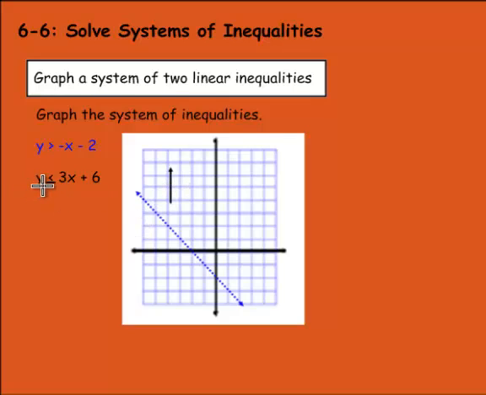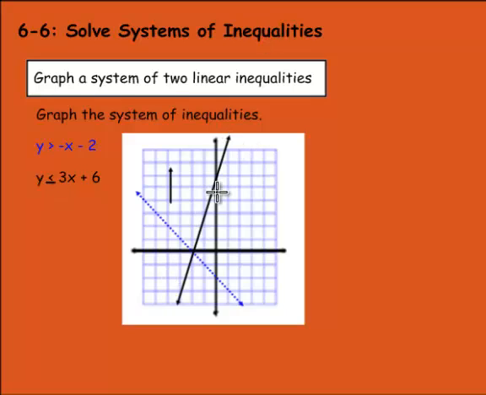Now we have y is less than or equal to 3x plus 6. So we go to our y-intercept of 6, so 3, 4, 5, 6. Then we can plot our positive 3 slope, or I can go backwards here and do our positive 3 slope this way, and extend that line. Remember, this is a solid line because it is less than or equal to.